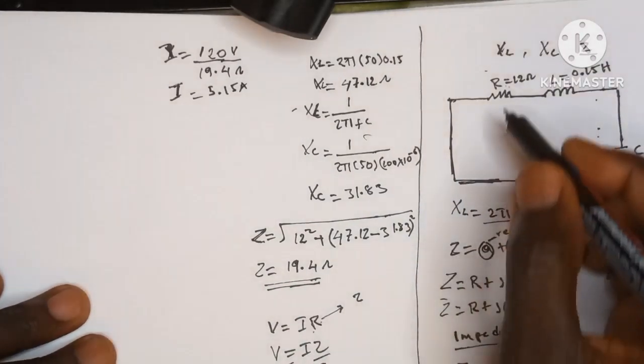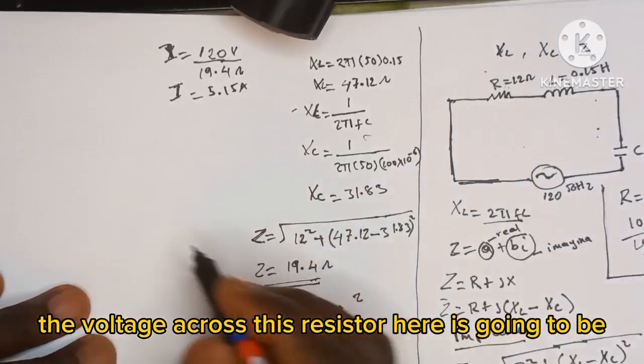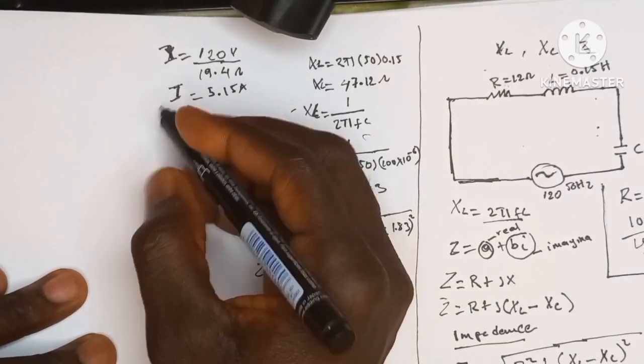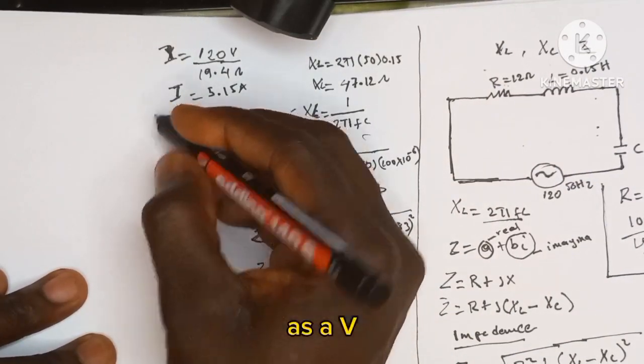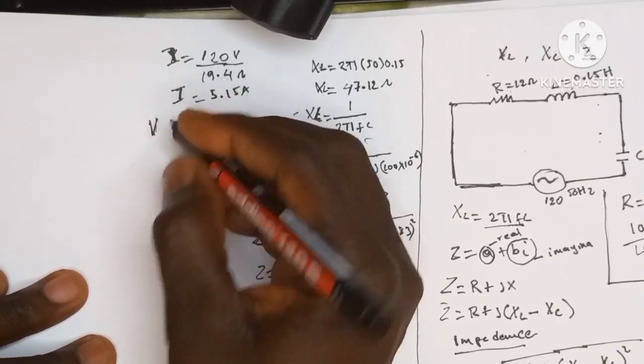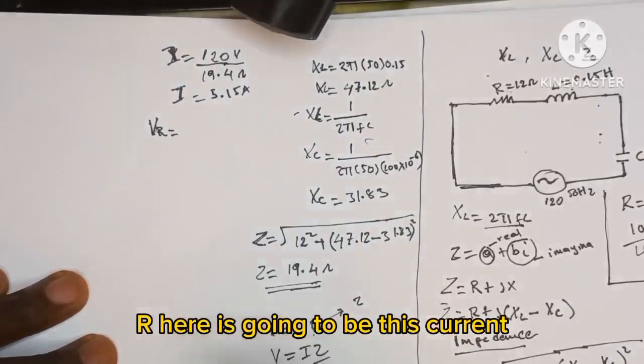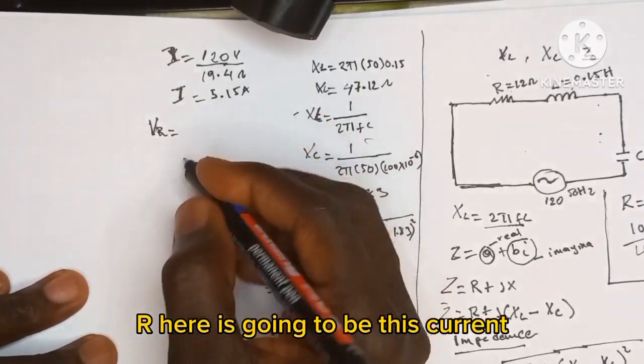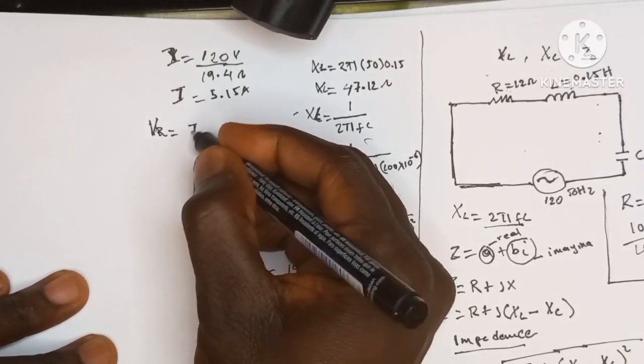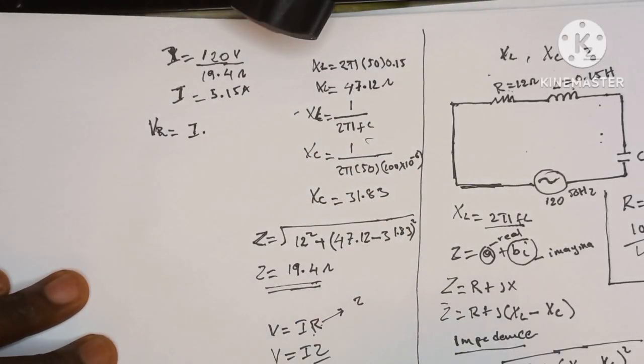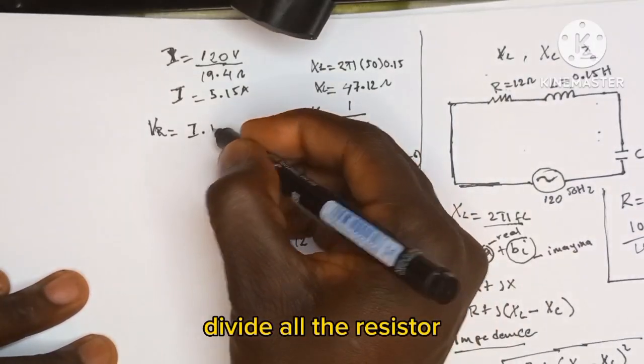So in this case, the voltage across this resistor here, VR, is going to be this current times the value of the resistor.